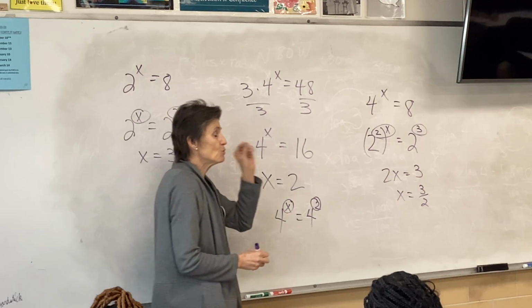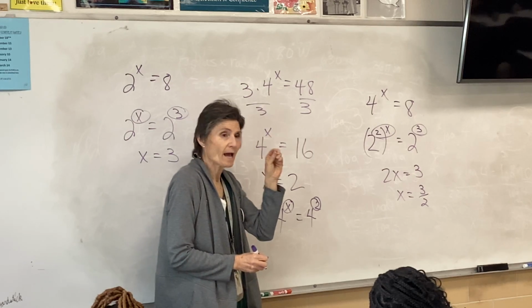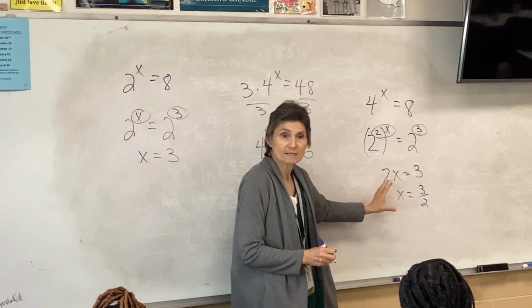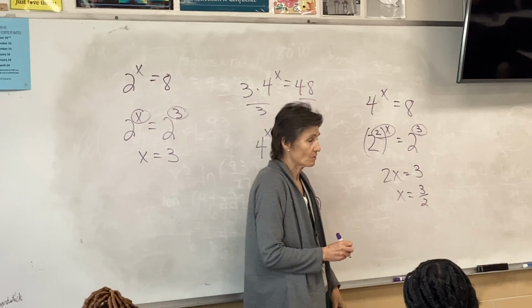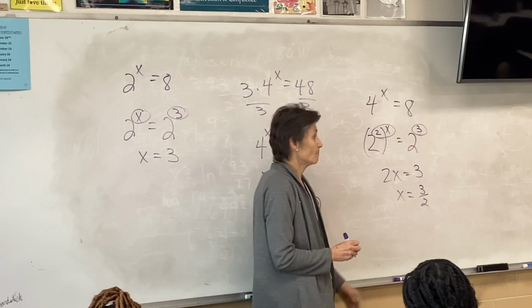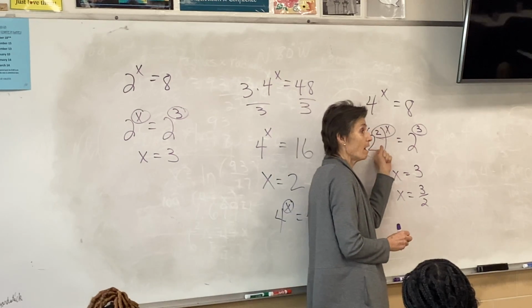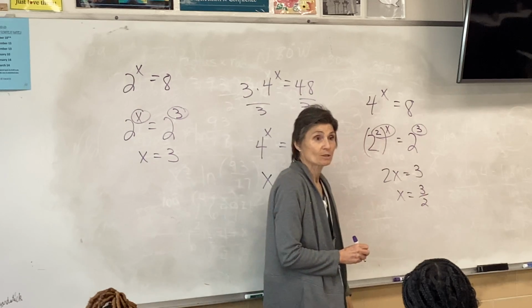Now, if you can figure it out, kids, then figure it out. You don't have to go through these steps if you don't want to. But if you can't figure it out, then these are the steps you'll go through to get the answer. It's what we call getting a common base, making the bases match.